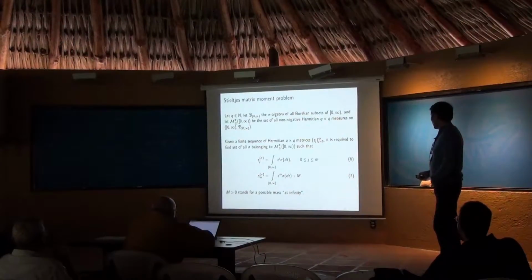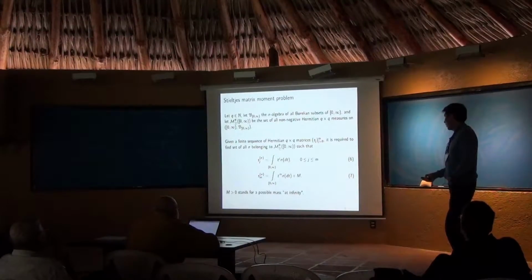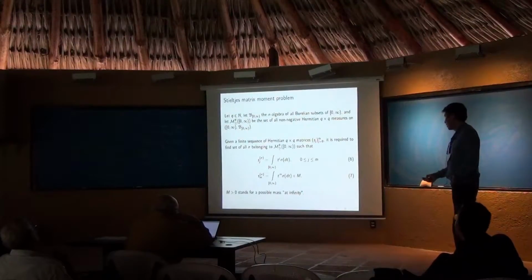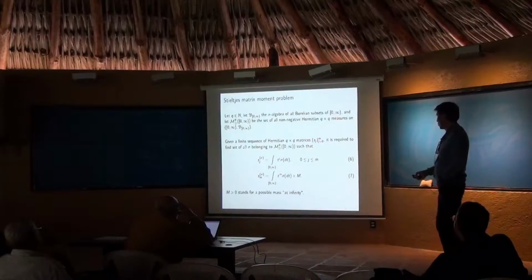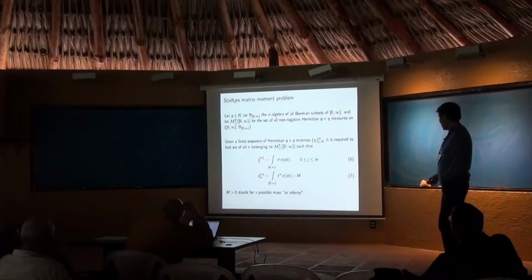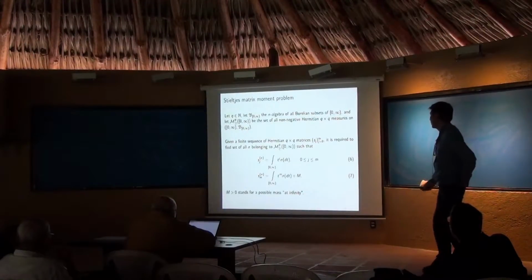If we have a finite sequence of Hermitian q times q matrices, then it's required to find a set of positive measures such that 6 and 7 hold. And this M stands for a possible mass at infinity, could be 0.